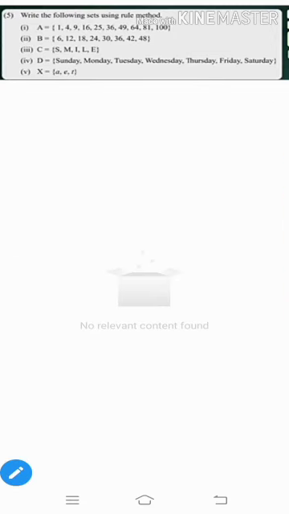So the last question of this exercise is X is equal to A, E, T. So it is also the letters of a word. What is that word?